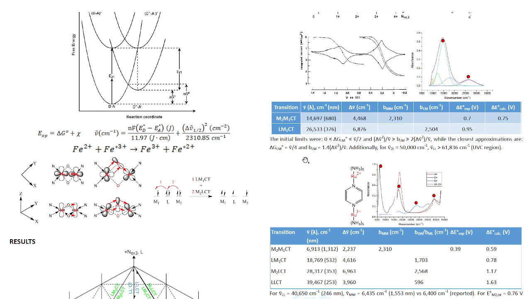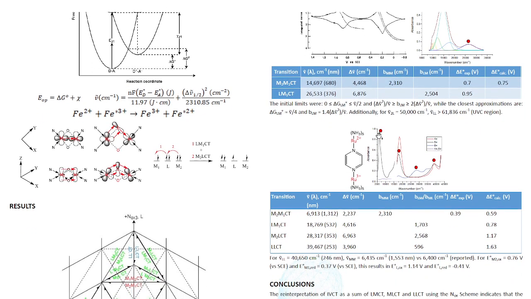So what we did is calculate a new value for the denominator in the reorganizational energy term, which is equal to the full width at half maximum squared over 2310. This is from the Hush theory for two metals. We recalculated this value, correspondingly for the ligand to metal charge transfer, and we obtained a higher value, 2504.